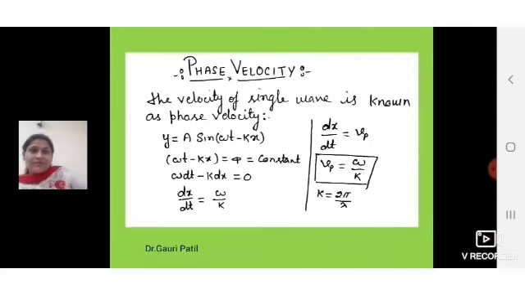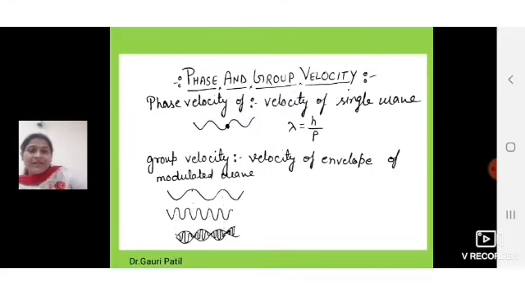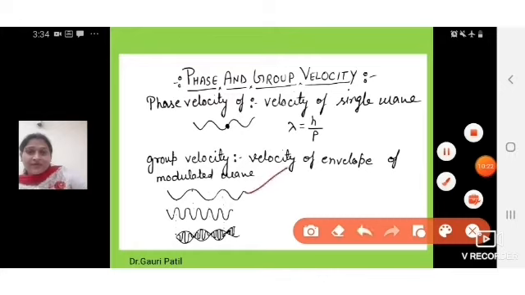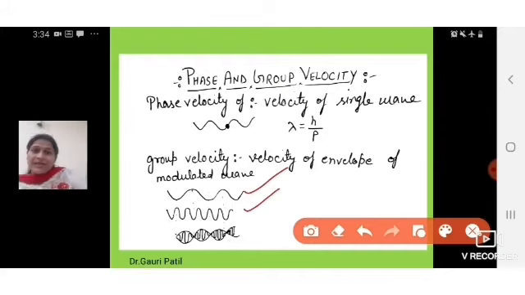Students, I will repeat again. There is a first wave and a second wave, having different frequencies. When these two waves interfere with each other, we get an envelope like this, and inside this envelope there is a wave.